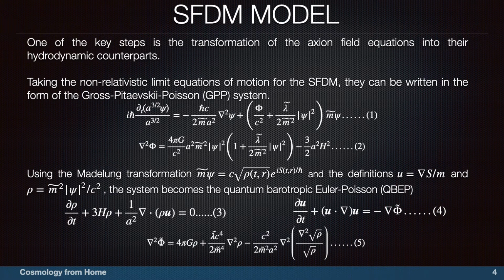In the equation corresponding to the Poisson equation, on the right-hand side, we can see a combination of linear and nonlinear functions of the matter density. And this can be seen as an effective gravitational potential.